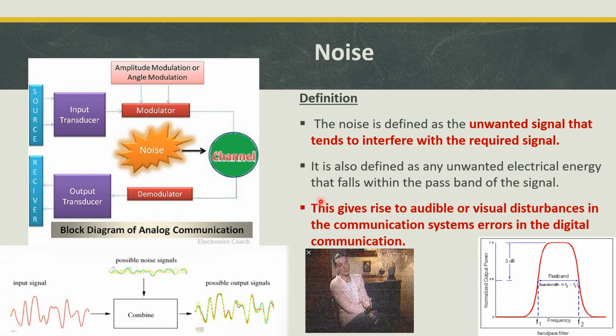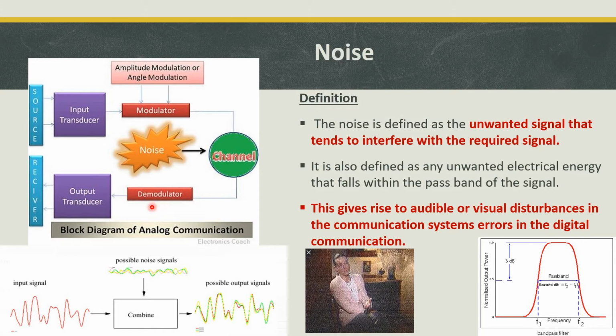Before discussing thermal noise, first we are going to discuss noise. Here the transmitter section is available. With the information, we modulate and transmit using an antenna through free space. The noise is automatically added in the channel. The receiver side receives both noise and message signal.